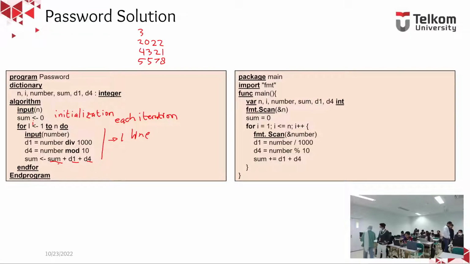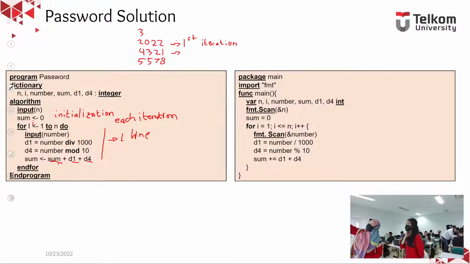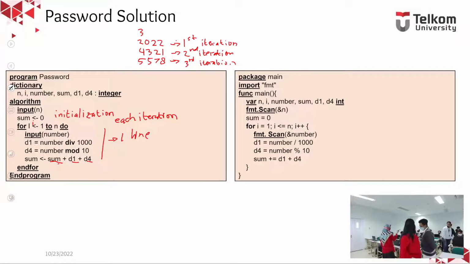The goal is to find the value of each variable on each iteration. Okay, so what is an iteration here?